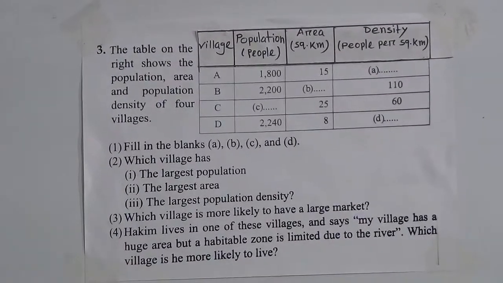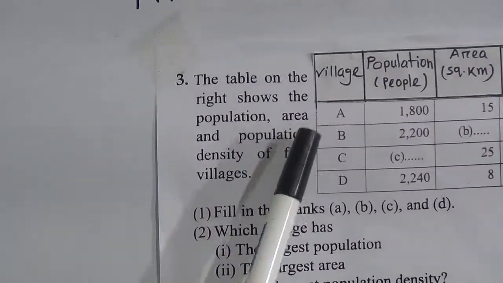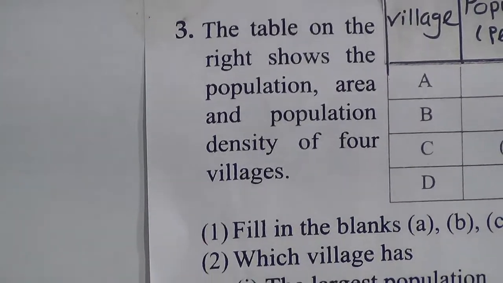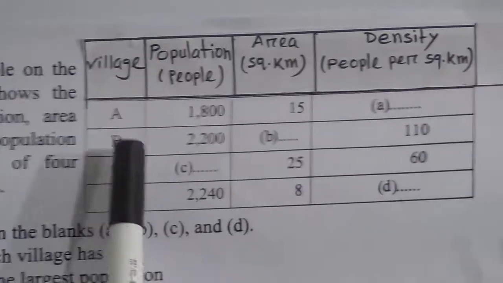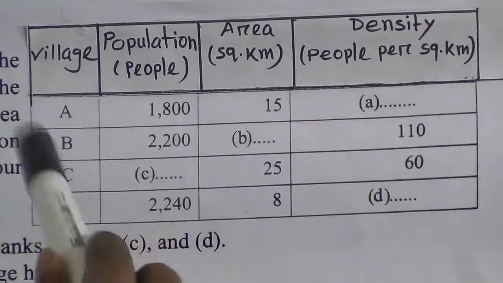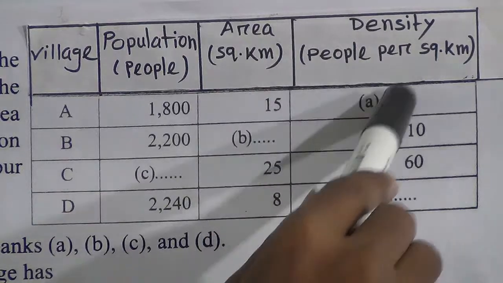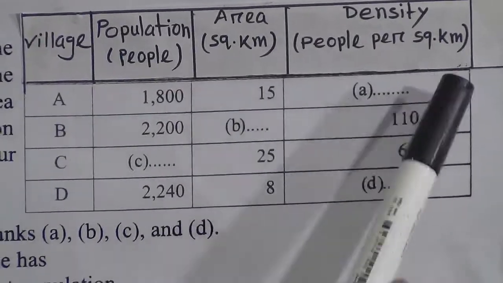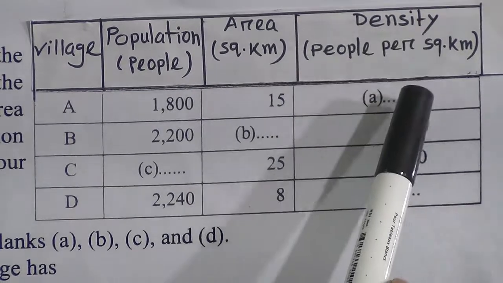The table on the right shows the population, area and population density of 4 villages. You see, this is village A, B, C, D. This is the population, that means the people. Now you see part A: you have to determine the population density.